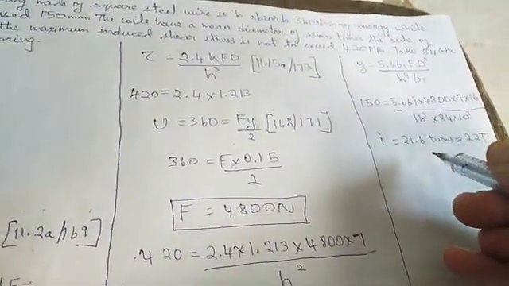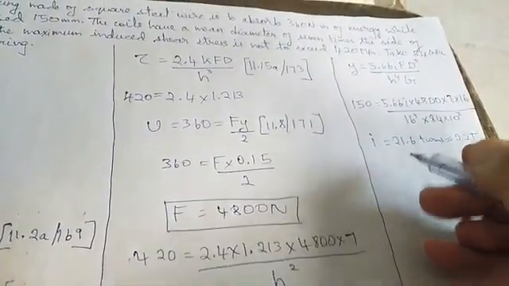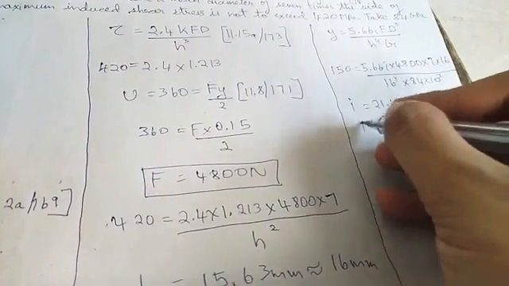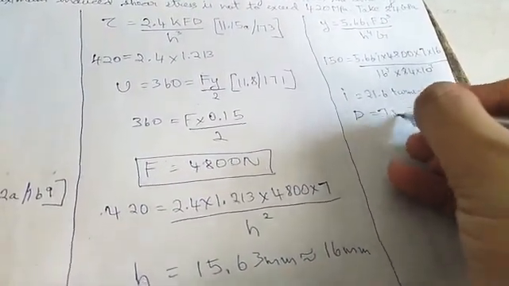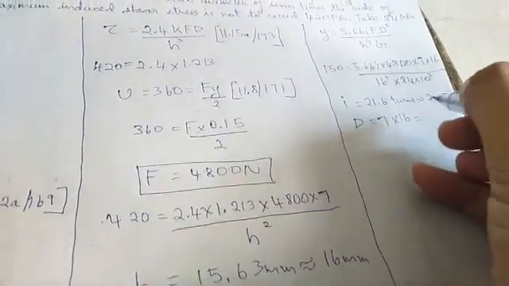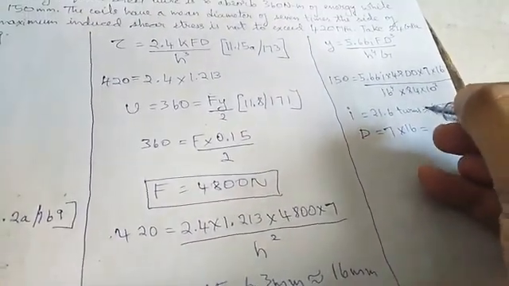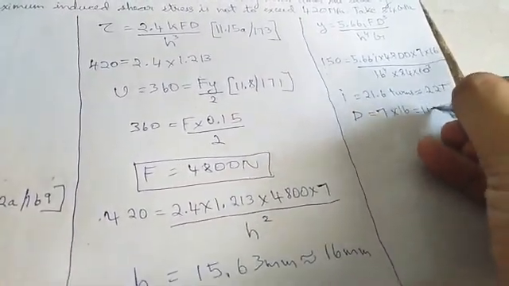Next we'll find the diameters D, D naught, Di. So D is 7 into 16, 112 mm.